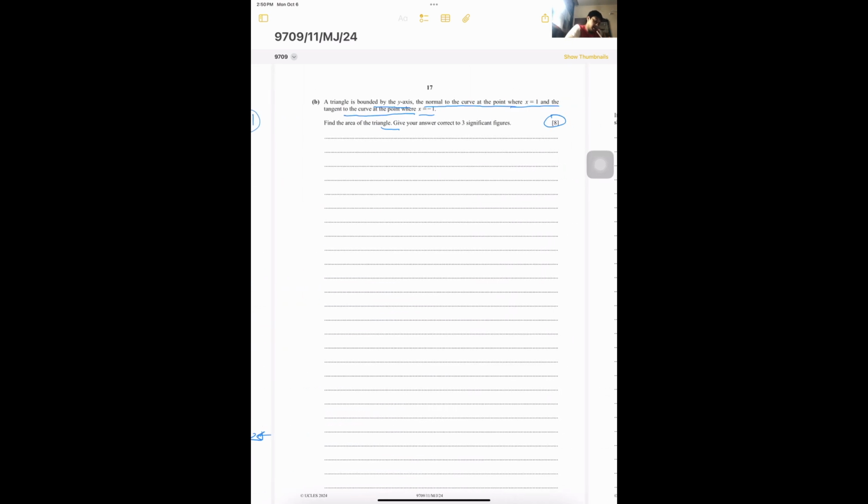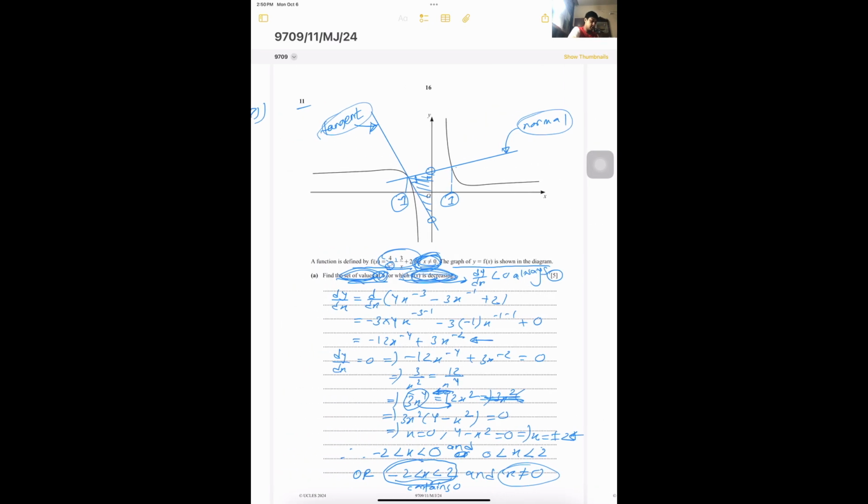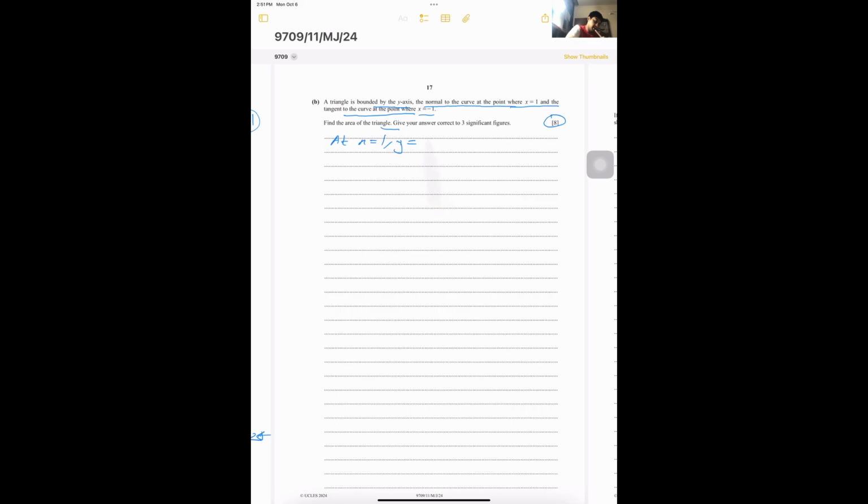So at x equal to 1, y equal to, we'll place it in our main equation, 4 plus 3 minus 3 plus 2, which is equal to 3. And again at x equal to -1, y is equal to 1.